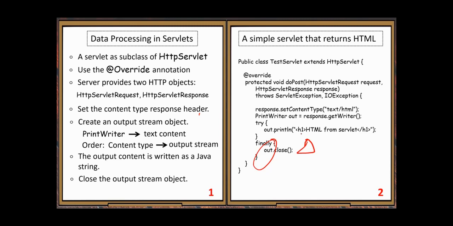After this, you can see that's the whole procedure. We write our data processing program in a Java servlet. Here I give you the general procedure. But when I talk about this, I point out a very important thing that will be related to JSP, and it is this part.